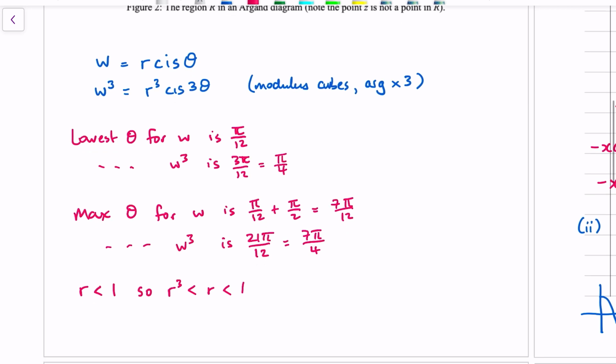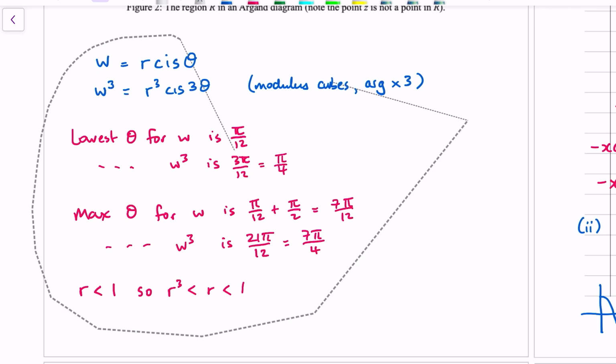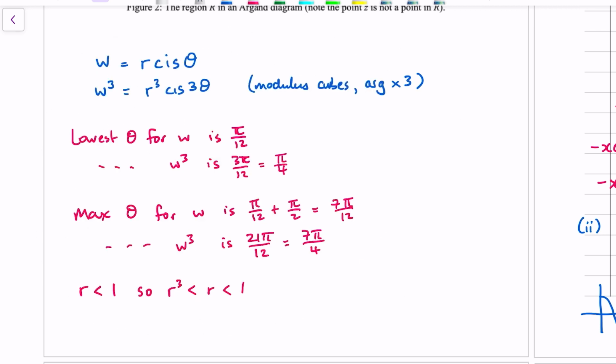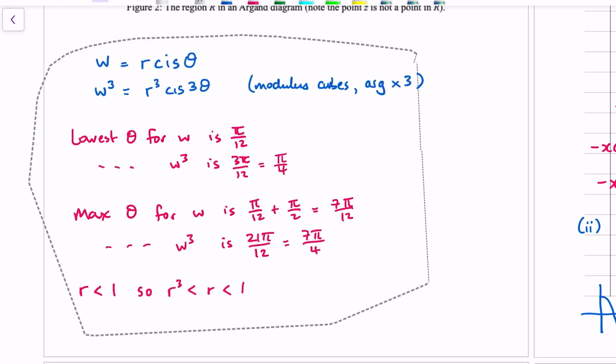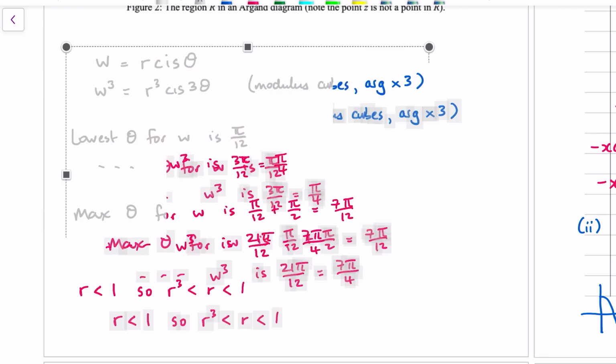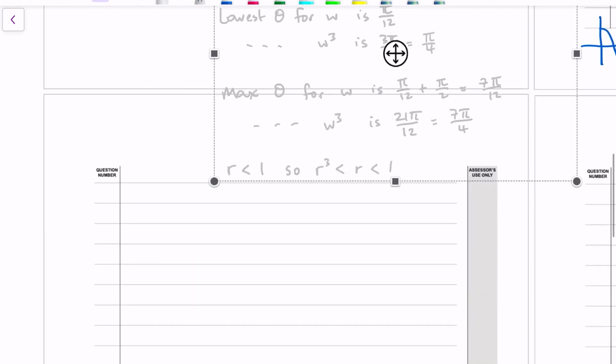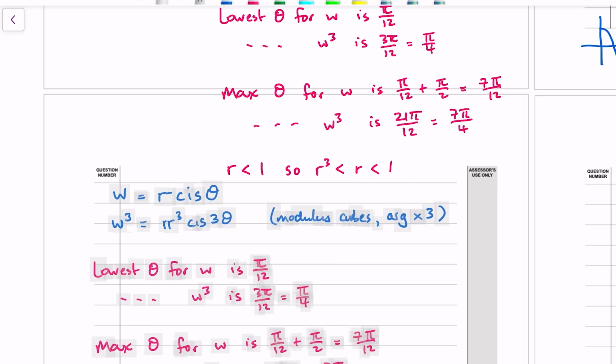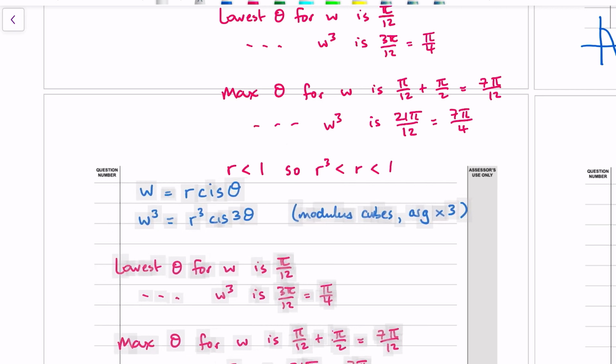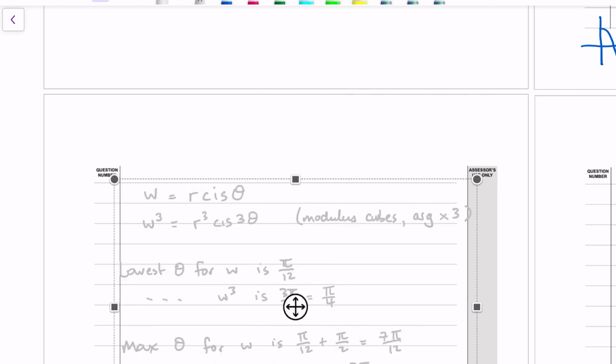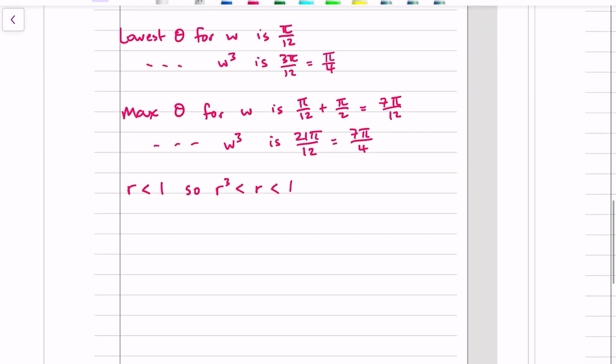Okay, so what does our final result actually come to? Let's move this all down to here. How straight is my writing today? Oh, not too bad. Okay, so our region.